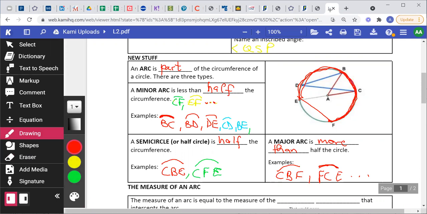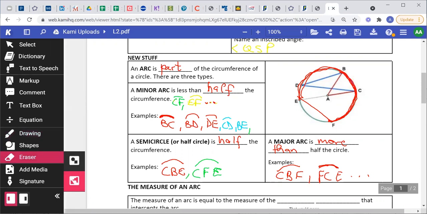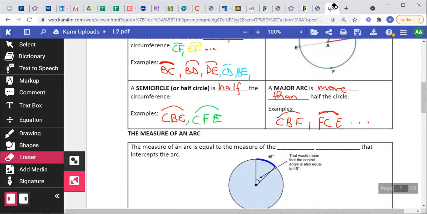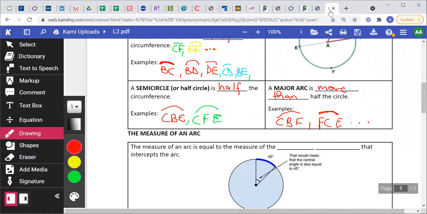And since an arc is part of the circumference of the circle, it means it's also going to have its own measure. Since we can measure the circumference of a circle, which is the total distance around it, we can also measure the arcs. So the measure of an arc is equal to the measure of the central angle that intercepts the arc.